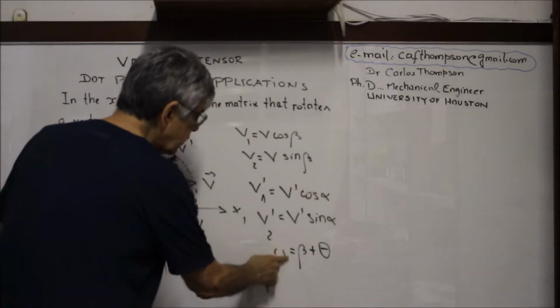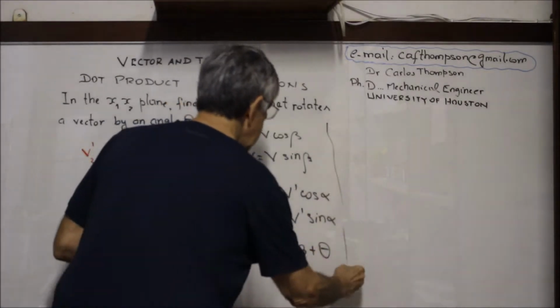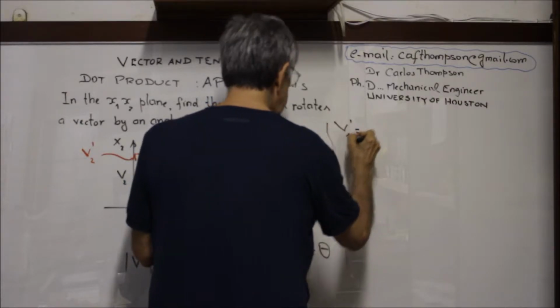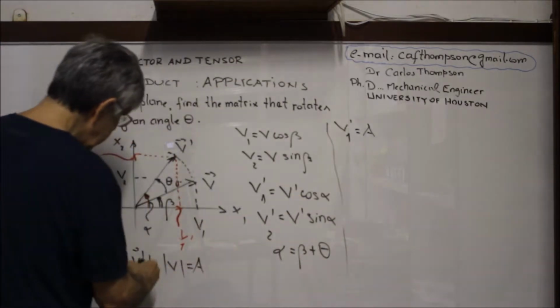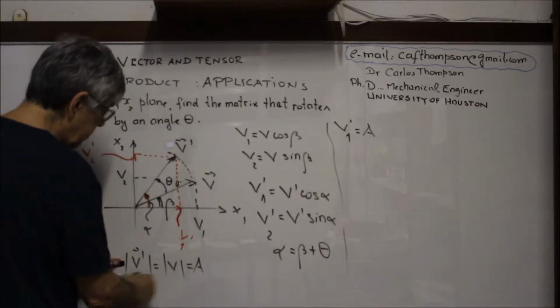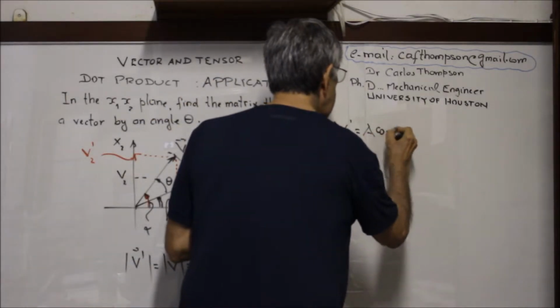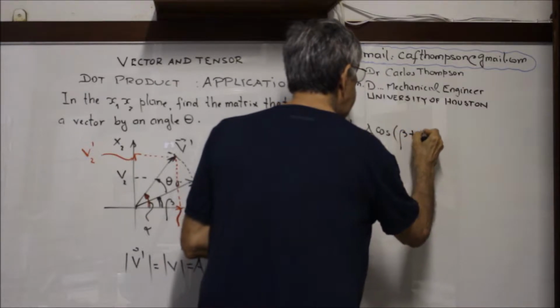So I'll substitute alpha right over here. So v prime 1 is equal to A cosine of alpha, which is beta plus theta.